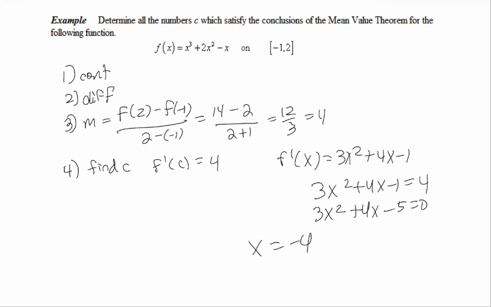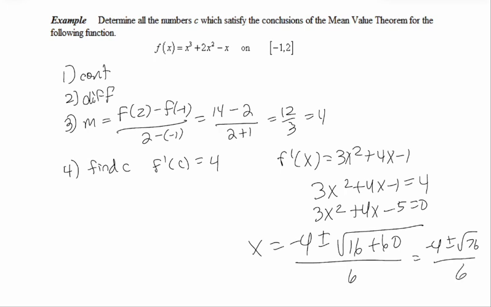So it's negative b plus or minus the square root of b squared minus 4 times a times c, plus 60, over 2a, or 6. Now 16 plus 60 is 76. It doesn't really reduce in any good way.